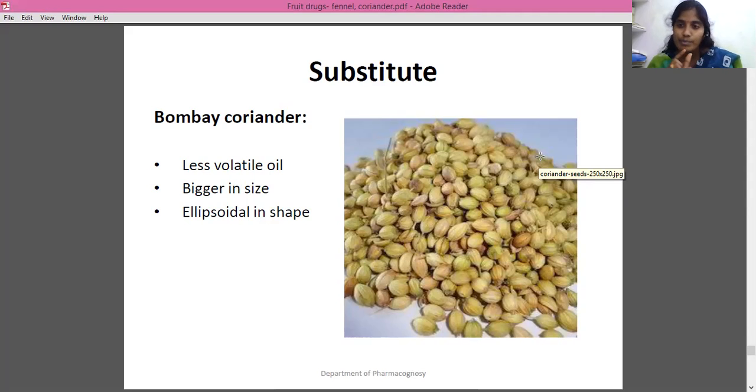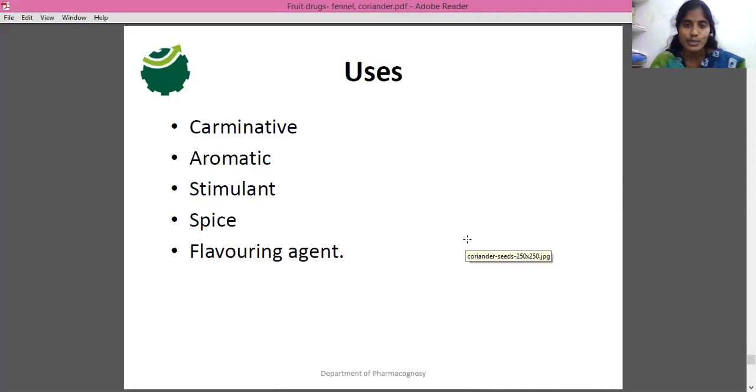They are somewhat bigger in size, and their shape is also different. They are ellipsoidal in shape, but our coriander is subglobular. These are ellipsoidal, bigger in size, and have less volatile oil. This is Bombay coriander, a substitute.